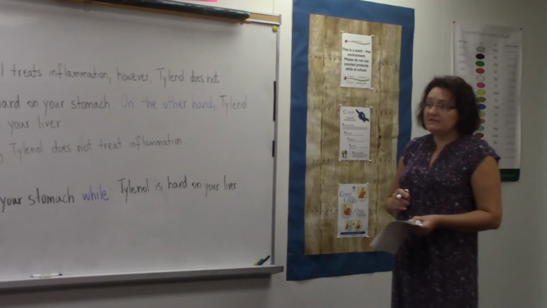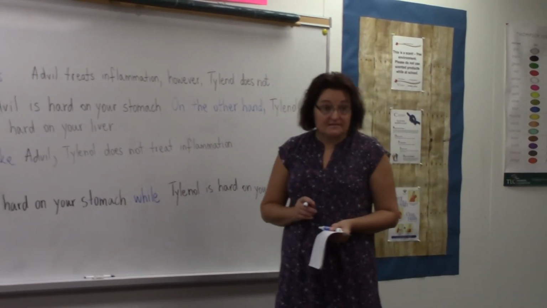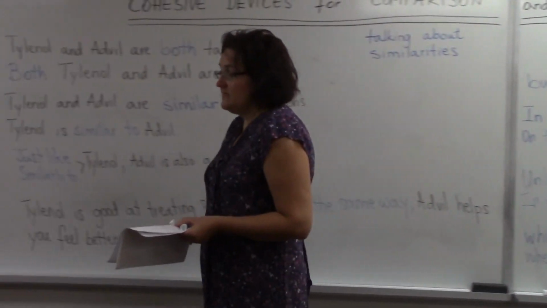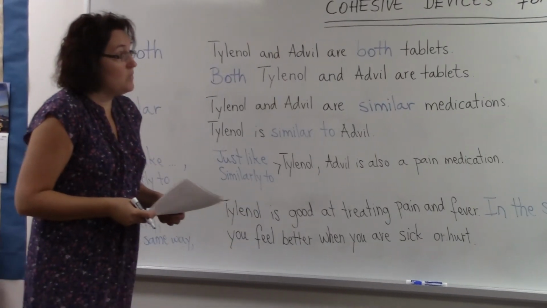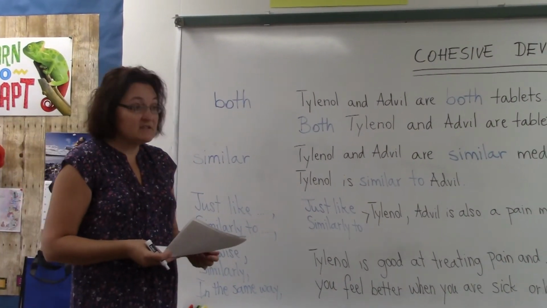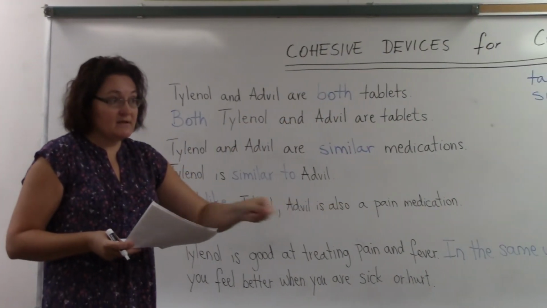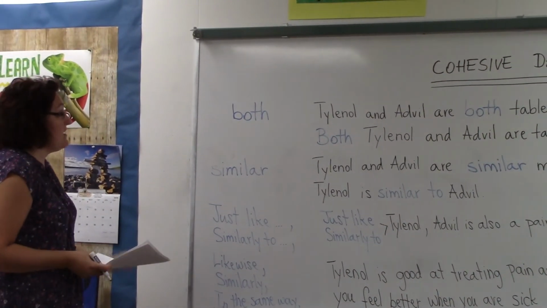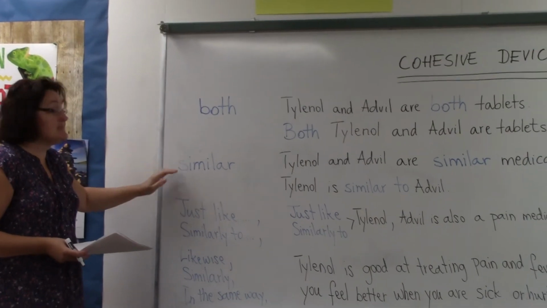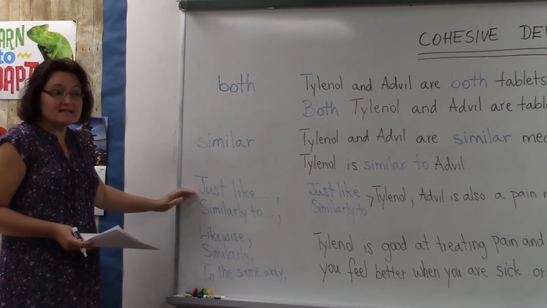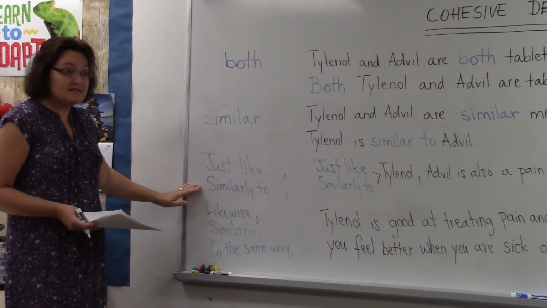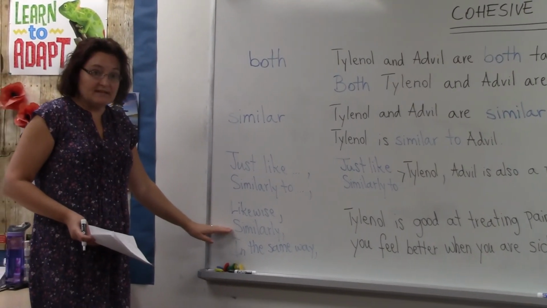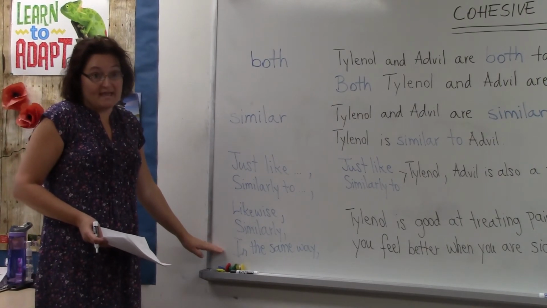We have cohesive devices, words and phrases, to talk about similarities over here. And we have cohesive devices, words and phrases to talk about differences on that board. So our words and phrases for today are both, similar, just like, similarly to, likewise, similarly, in the same way.